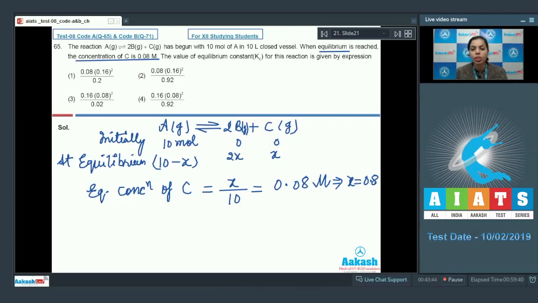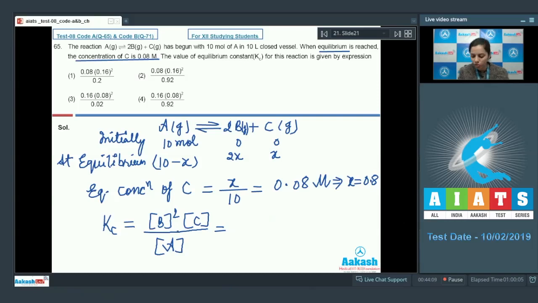It means 0.8 mole of this C are present there. Further, there is the question to find out the Kc value. This Kc value would be equal to simply the concentration of B raised to the power 2, then molar concentration of C divided by the concentration of A.